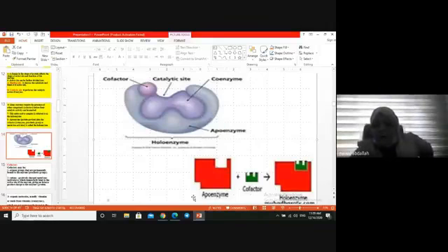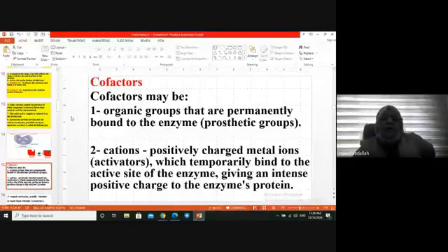Apoenzyme plus coenzyme will produce the holoenzyme. A cofactor may be a cation or organic molecule, usually vitamins.